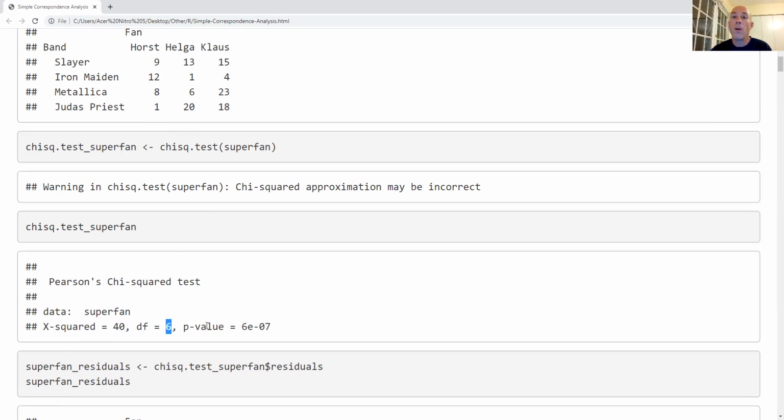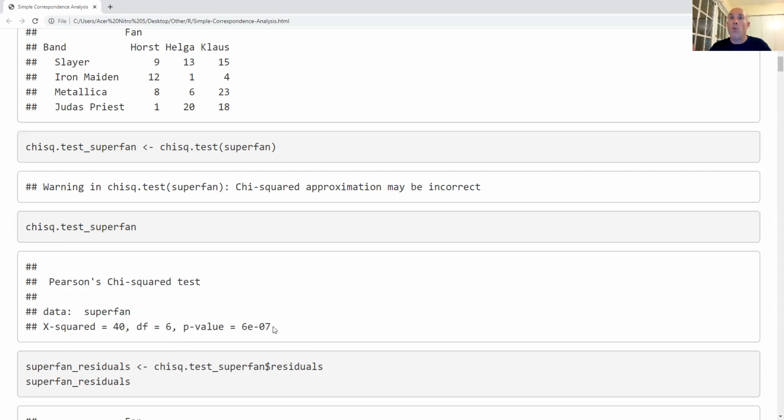And remember that this comes from a chi-square distribution, and our degrees of freedom will be equal to our expected value. So 40 is much bigger. All right, so I see that the p-value is very, very small. So I conclude that we do not have independence between rows and columns.